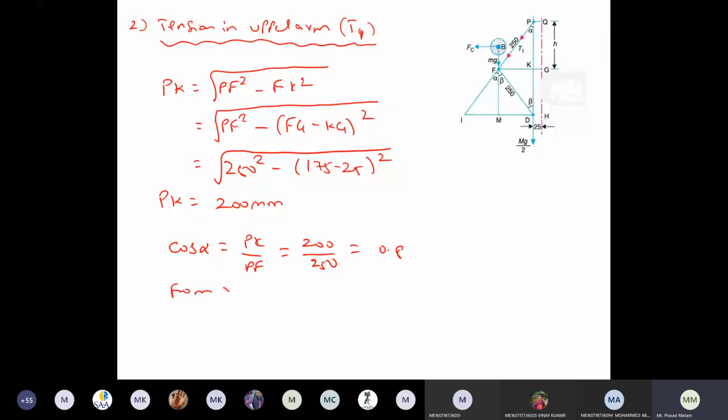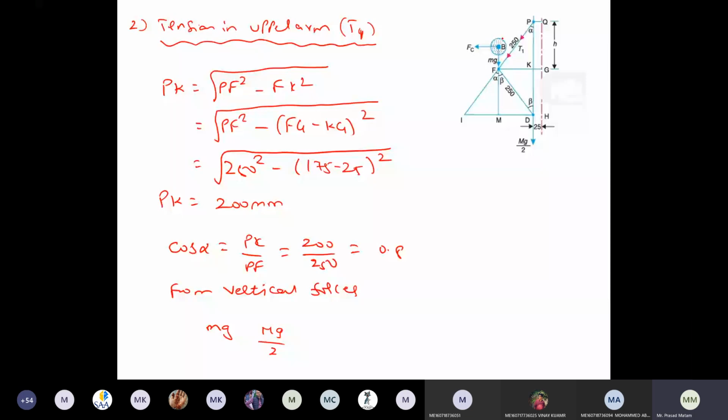From vertical forces, one vertical force is mg. One more vertical force is half of the central load, mg by 2.